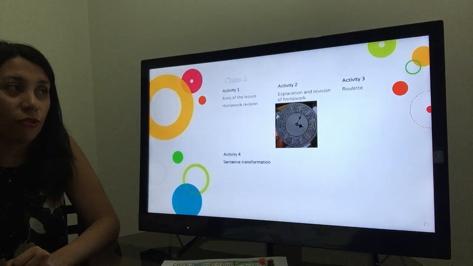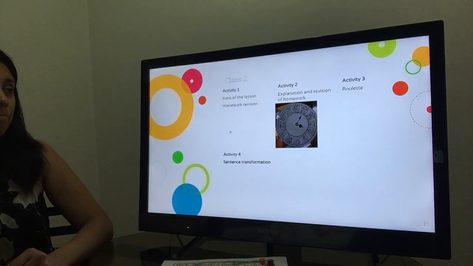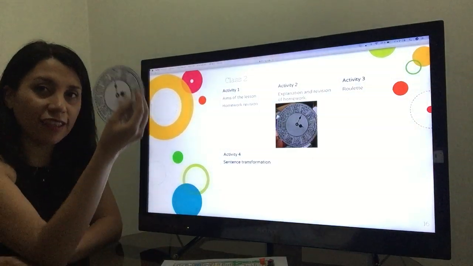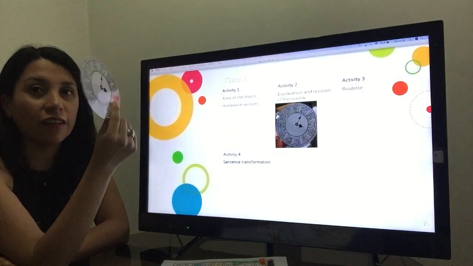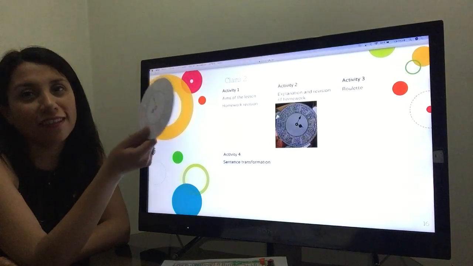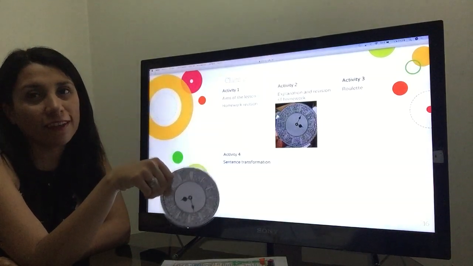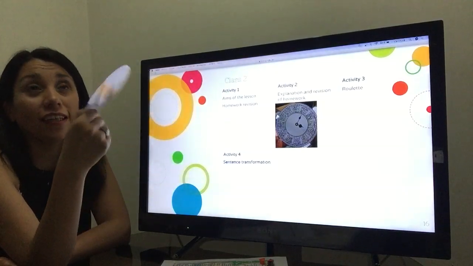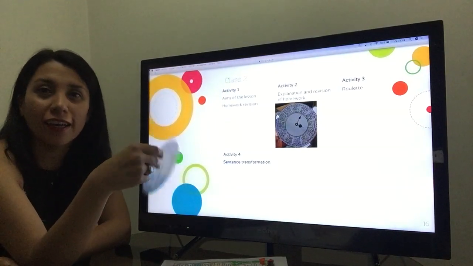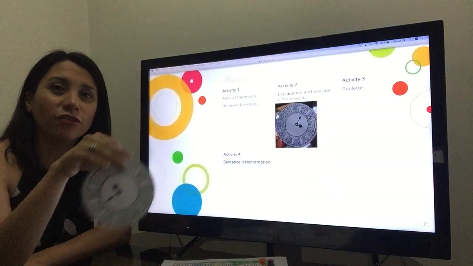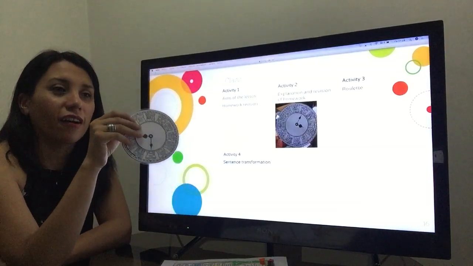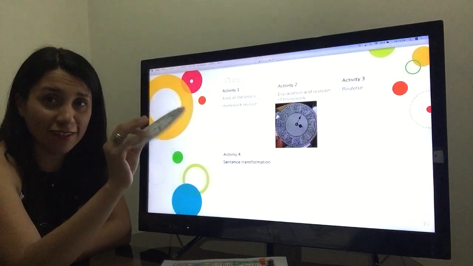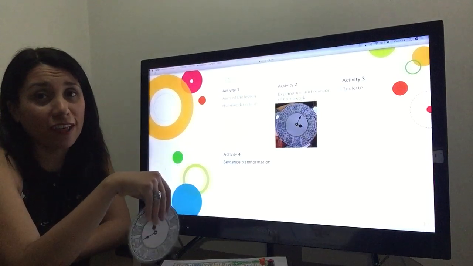The roulette has exactly the same information as the clock, but the good thing about the roulette is that I press a button in the computer and it goes around, and my idea is to pick each of my students to answer the exercise by using the prompts given in the roulette.